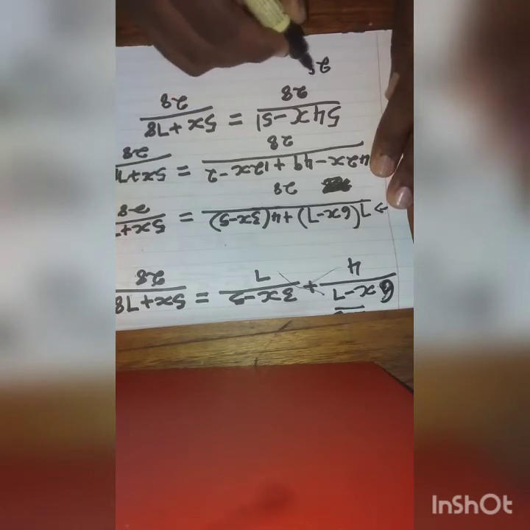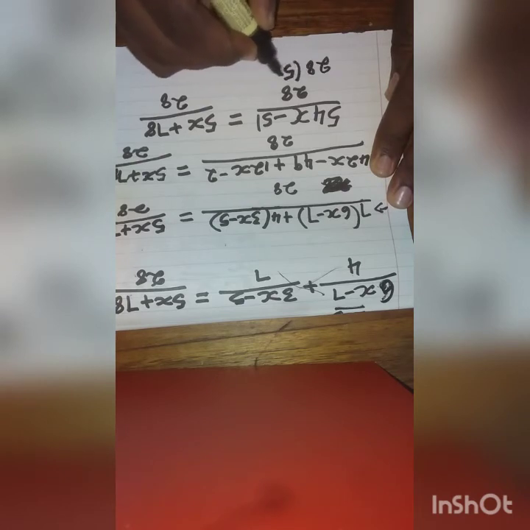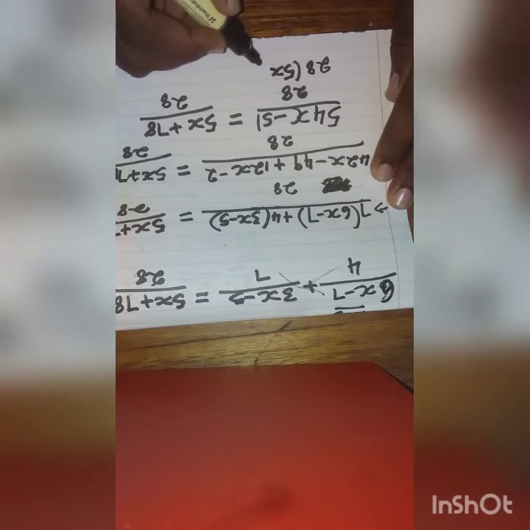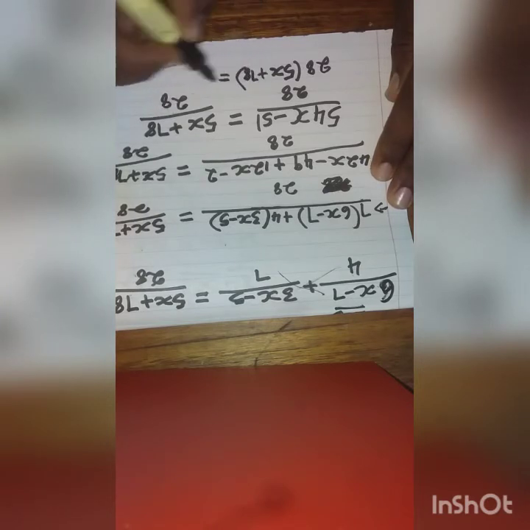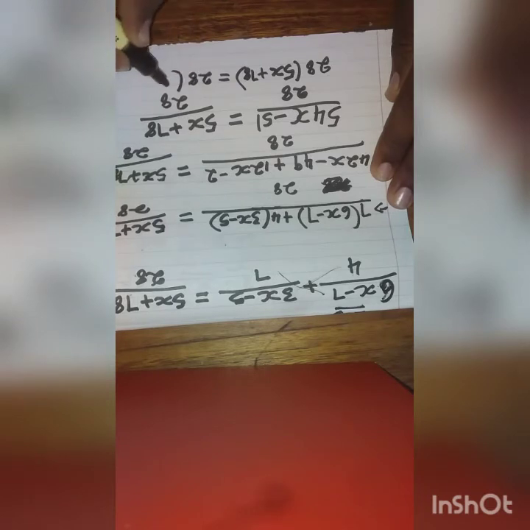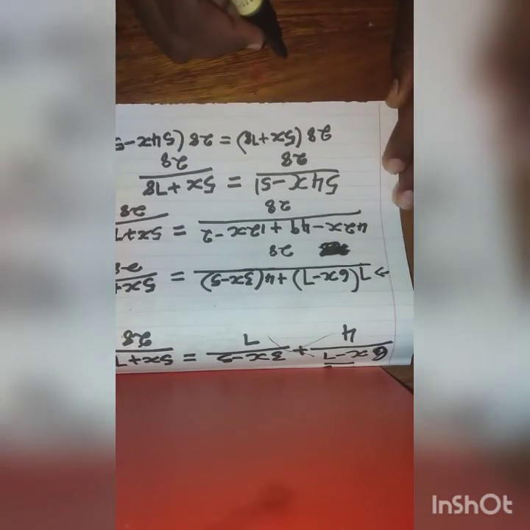So it's 28 into 5x plus 78, being equal to 28 into 54x minus 51. So this is simple now. Then you can just multiply through.